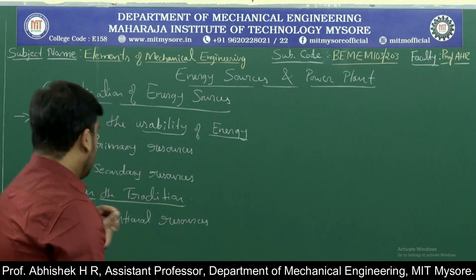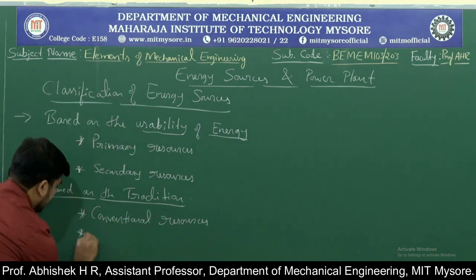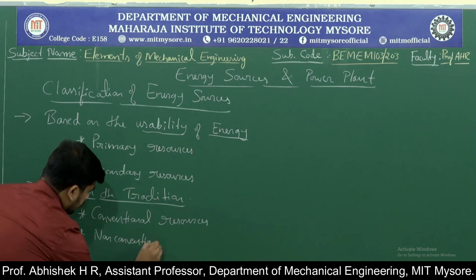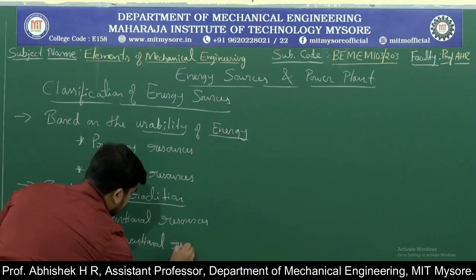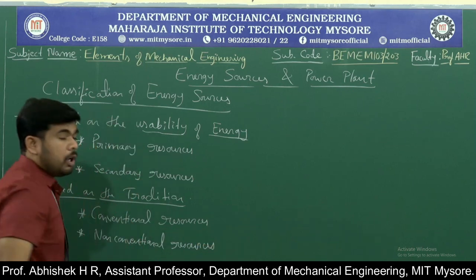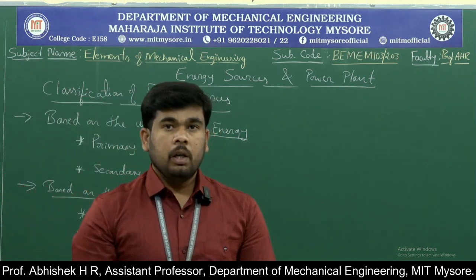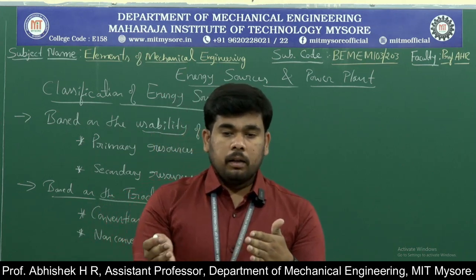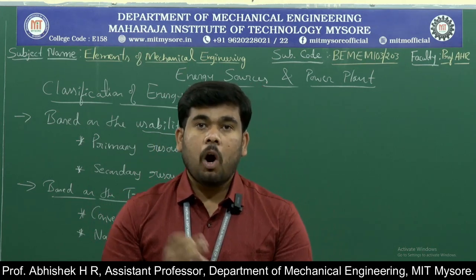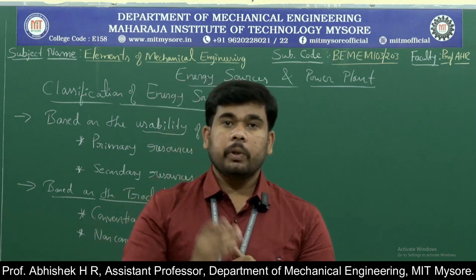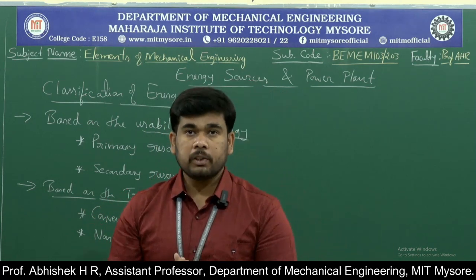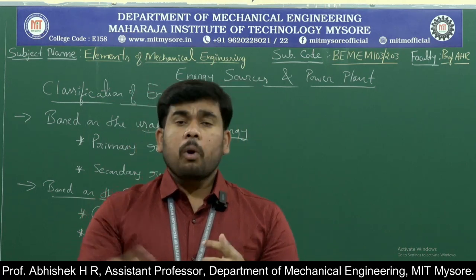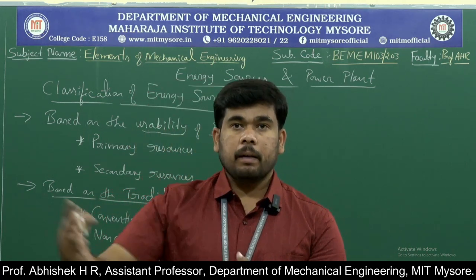Then we have one more type under this, that is the non-conventional resources. Non-conventional energy resources means there is one act called the Oil Crisis Act. During 1973 it was established because of some of the problems related to oil with the Arab countries.